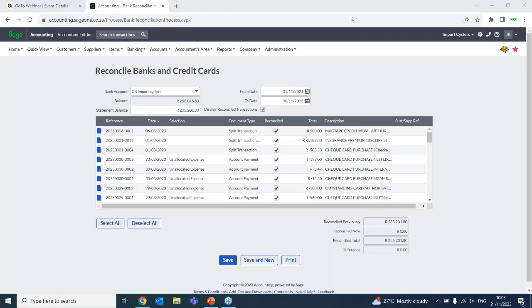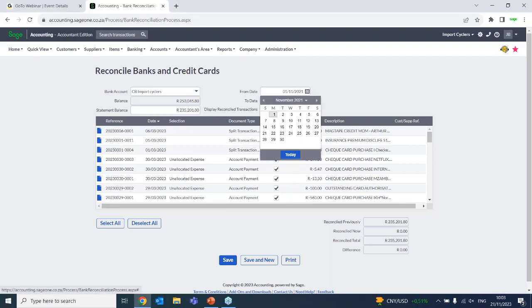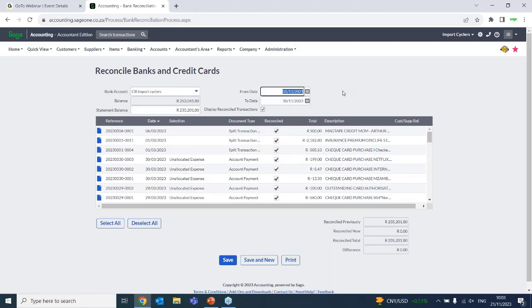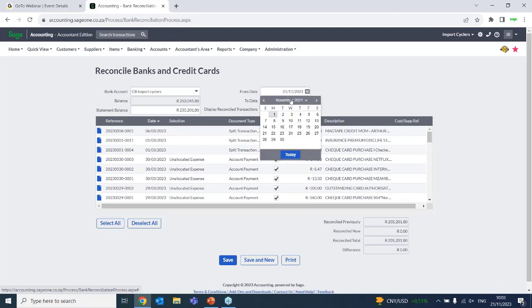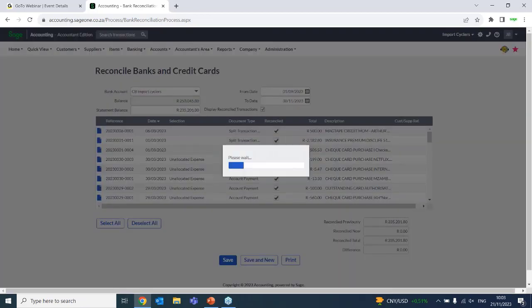Where is the problem going to come from, so that I can state, okay, this is the period that I was in. So my advice would be, go to the last period that balanced. For instance, if the last period that balanced was September 23, we would then select, sorry guys, September 23, and we can then select the 1st of September to the end.